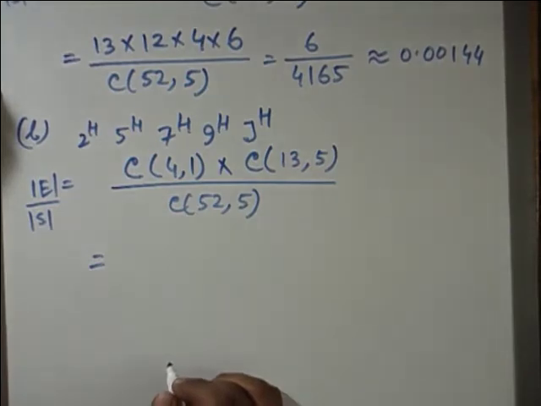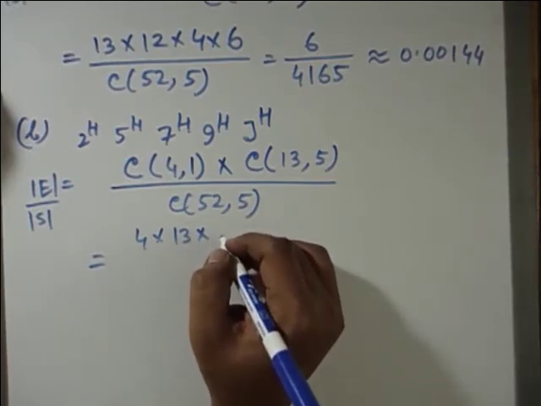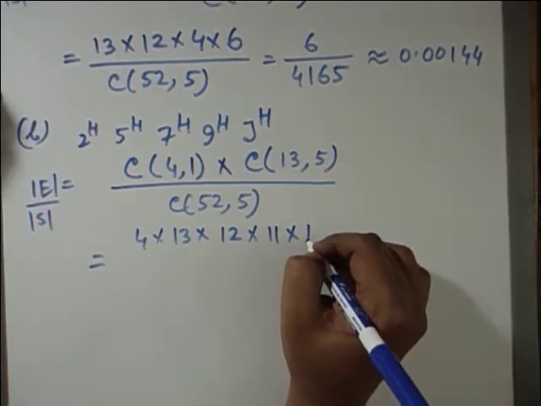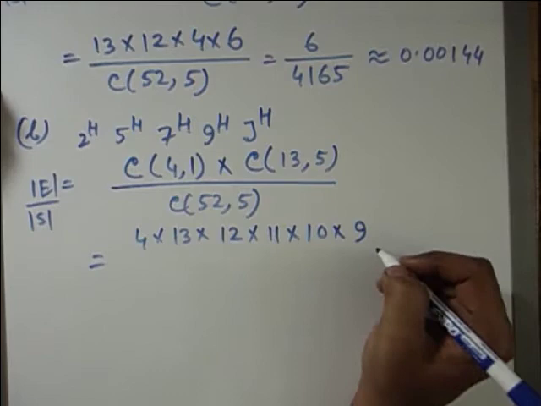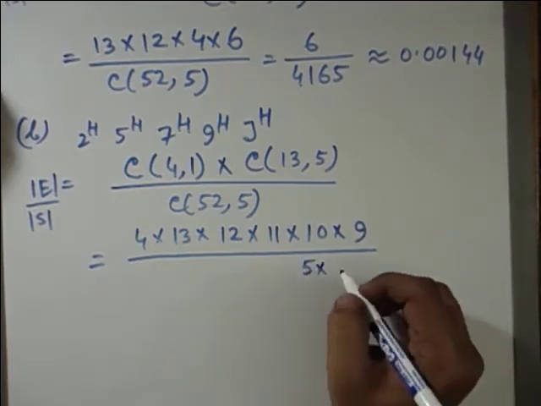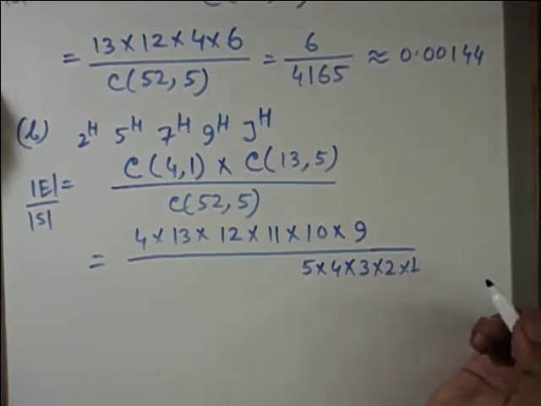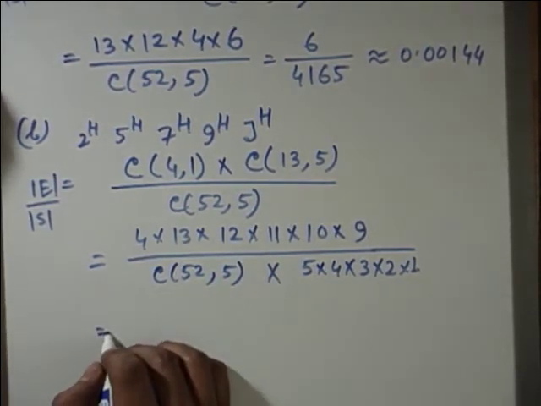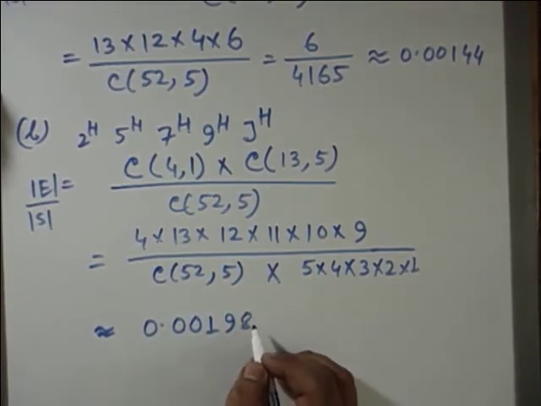If you simplify this, you get 4 times 13 times 12 times 11 times 10 times 9 over 5 times 4 times 3 times 2 times 1, and here 52 choose 5. So this is close to 0.00198.